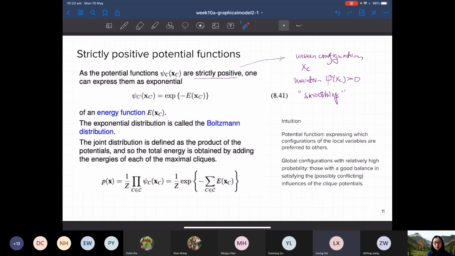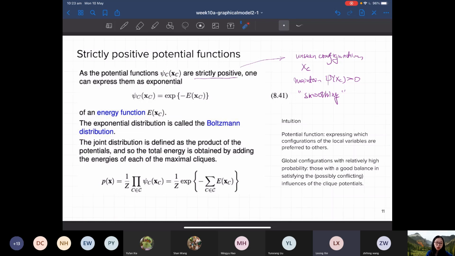So basically, that's why. Once we write a potential function as the exponent of the negative of the energy function, and again, back to physics, these energy functions have physical meanings, right? If we're talking about configurations or rotations of atoms, they correspond to actual physical energy.